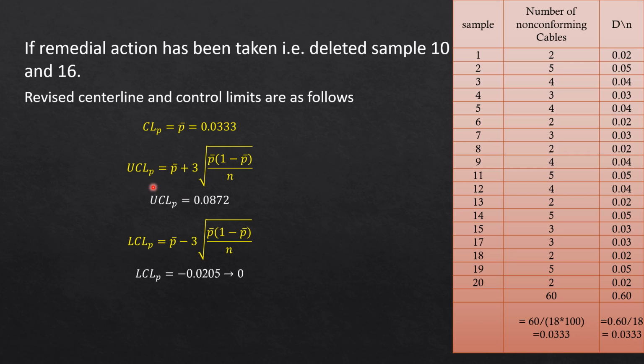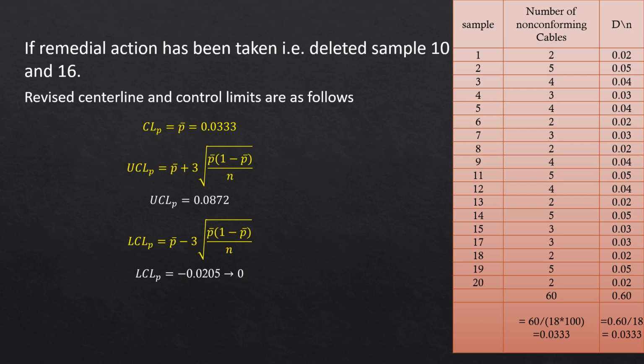Now we calculate the upper control limit. We simply put in the values of P bar and N, and we get the upper control limit equal to 0.0872. Then the lower control limit we get is equal to minus 0.0205. Again the lower control limit is negative, so we simply convert it into 0.